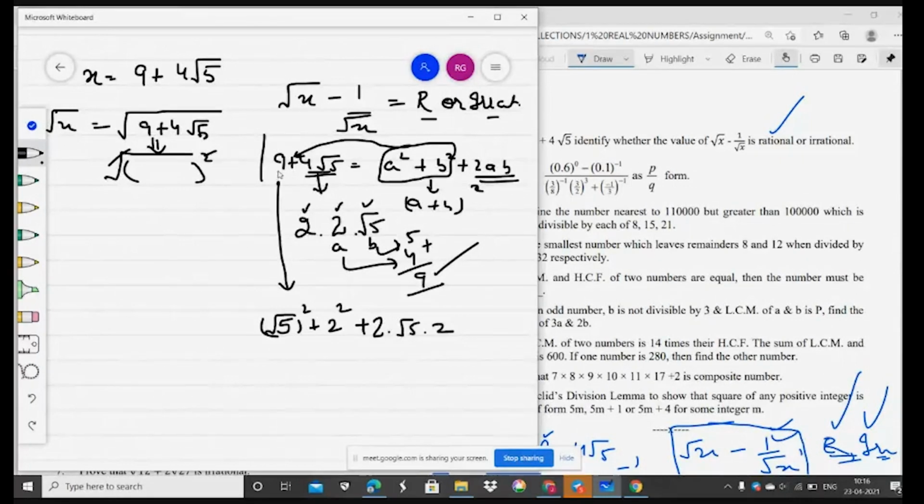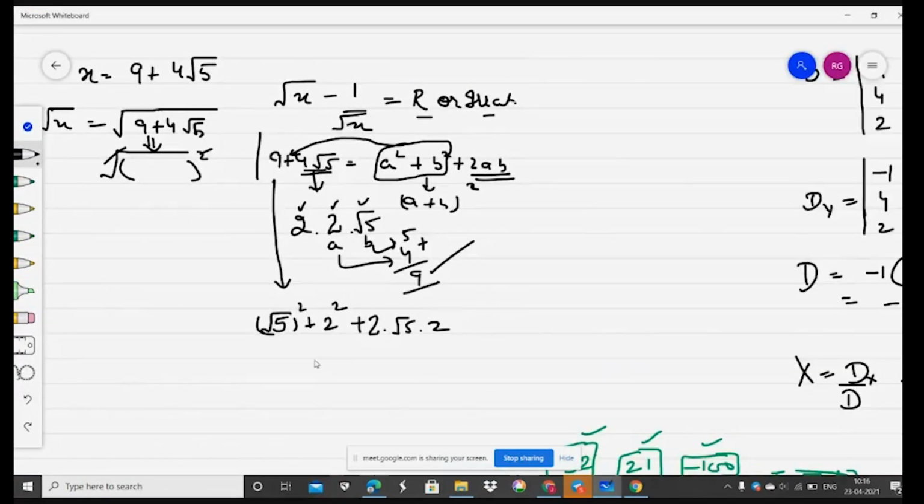This we have written as 9 plus 4 root 5. Now this can be collected, so 9 plus 4 root 5 is equal to (root 5 plus 2) whole square. Do you agree this much?